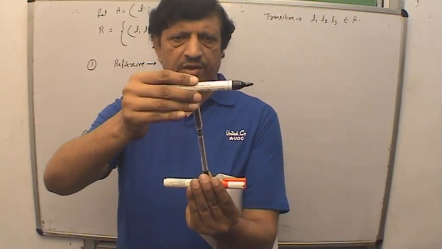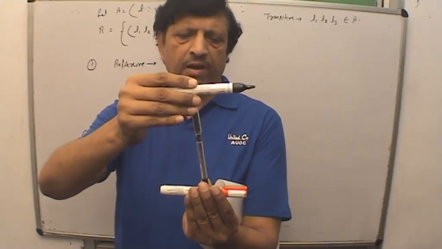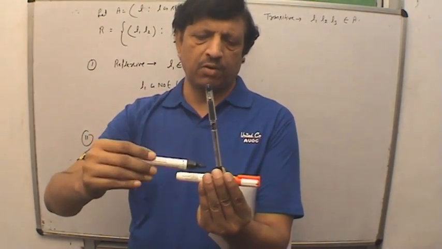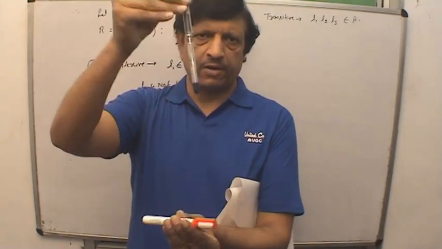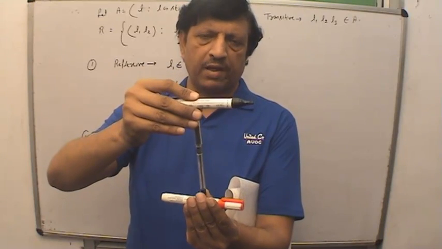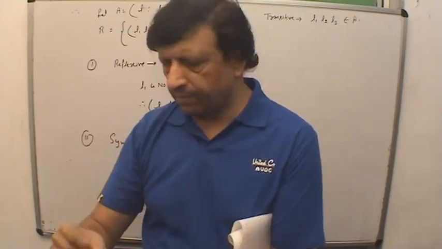But here we see the black line is parallel to the red, not perpendicular. If this is perpendicular to this and this is perpendicular to this, if we combine, it means black is parallel to red. It means the relation is not transitive.